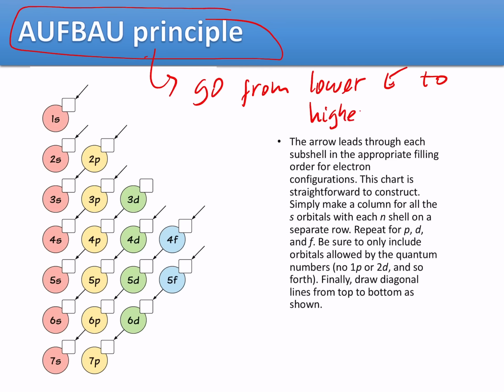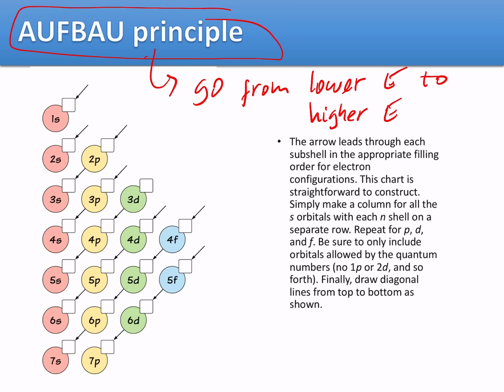You're going to start with the orbitals of lower energy, and then you're going to fill up according to the energy. However, I find it easier to picture if I draw it like this. And this is basically the Aufbau diagram that I usually use to teach this.